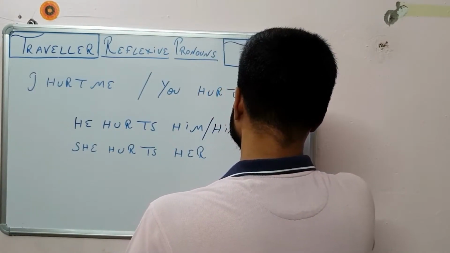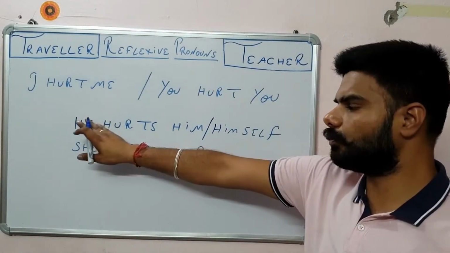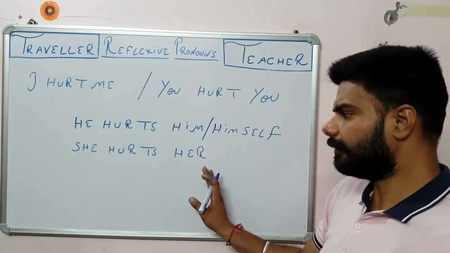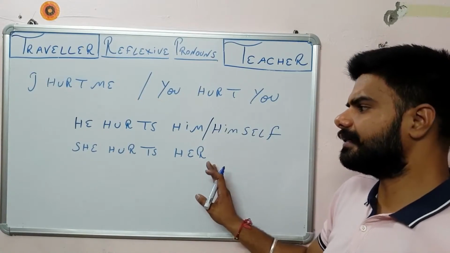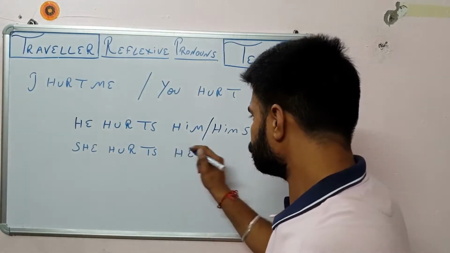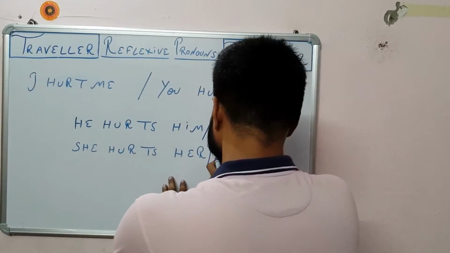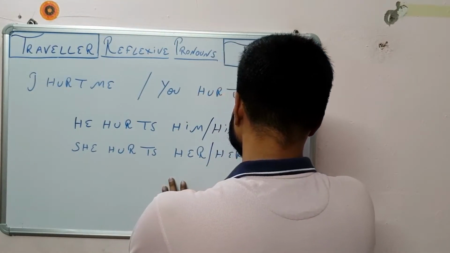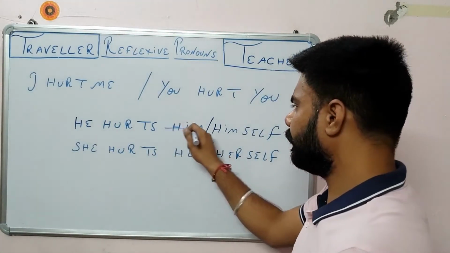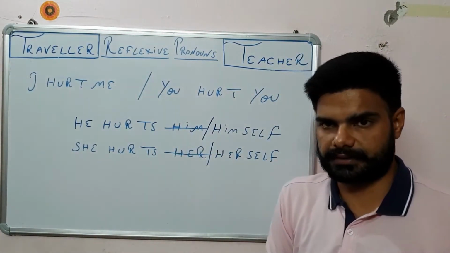That means now we are pretty much sure that he is going to hurt his own self. She hurts her. Her cannot be sure that it is her own self. That can be any other person also. So we need she hurts herself, to make it very much sure that she is going to hurt herself. So over here him is the wrong version, her is the wrong version.